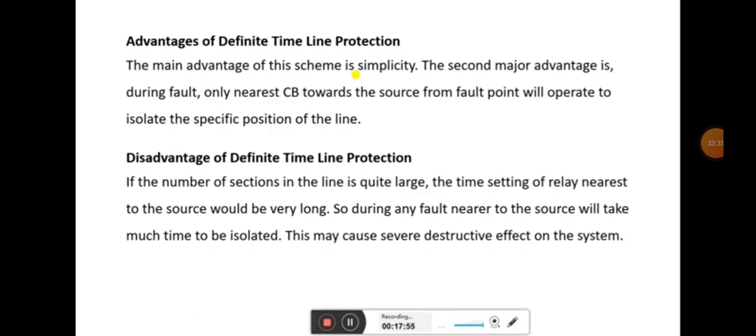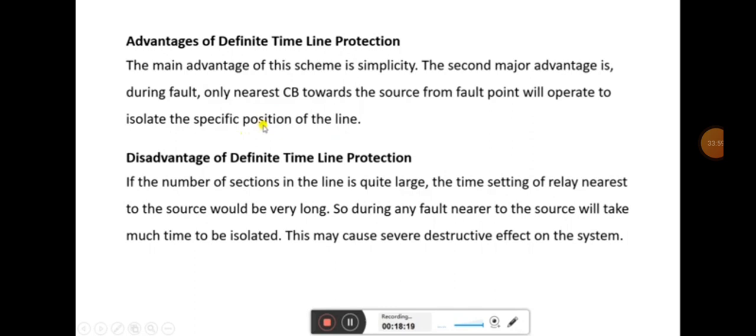The main advantage of this scheme is simplicity, and the second major advantage is that during a fault, only the nearest CB toward the source from the fault point will operate to isolate the specific portion of the line.